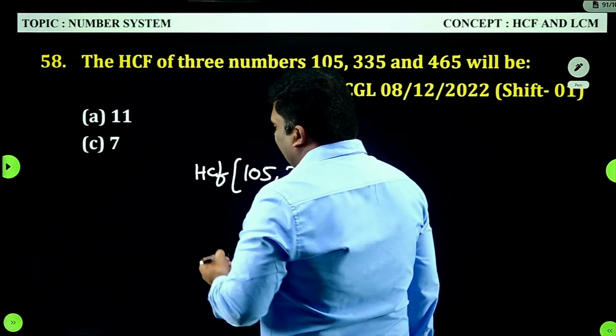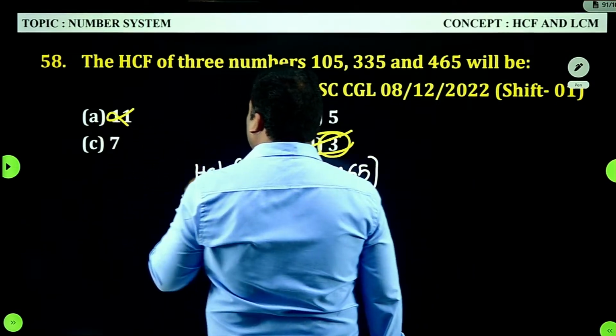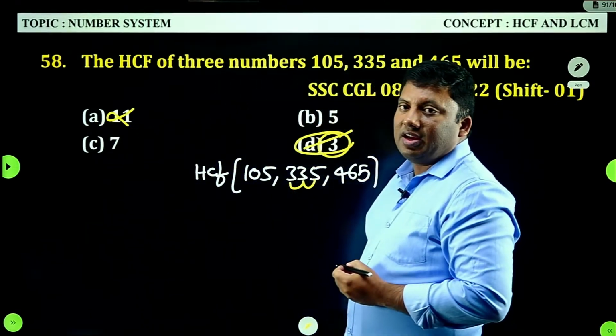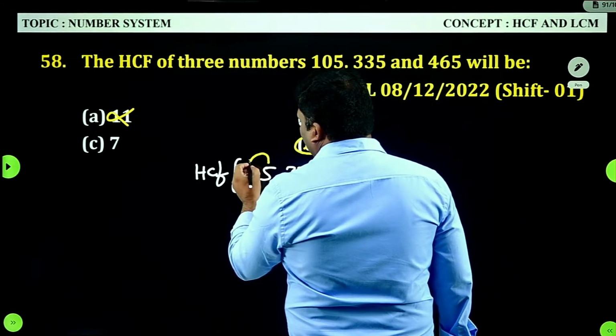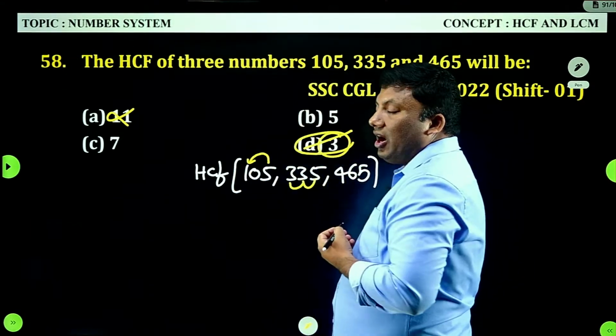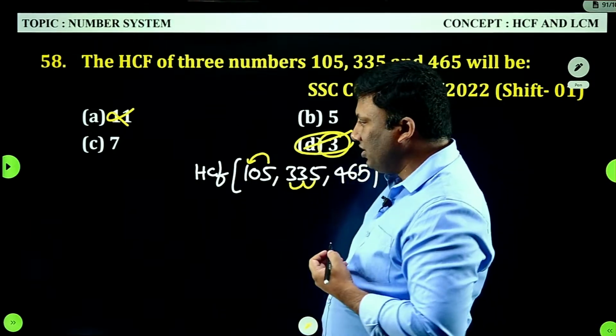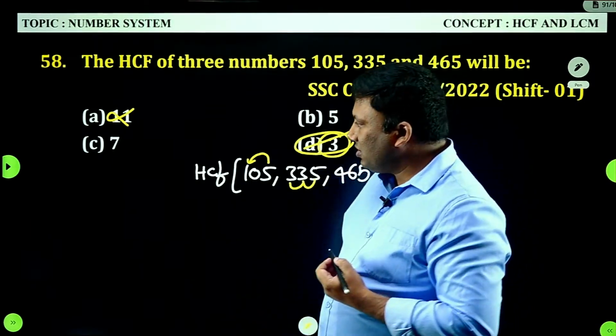Next one, it cannot be 11 because if the answer is 11, all the input numbers should be divisible by 11. The 11 divisibility rule is the sum of the odd places minus the sum of the even places. 105 is not divisible by 11.